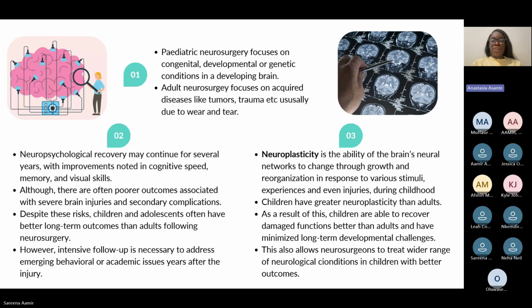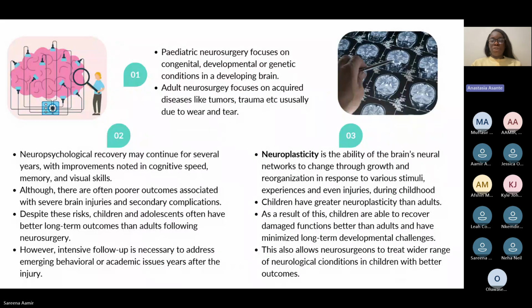So, in terms of neuroplasticity, neuroplasticity is the ability of the brain's neural networks to change through growth and reorganization in response to various stimuli, experiences, and even injuries during childhood. So, essentially, in shorter words, it is basically how the brain is able to adapt and take in a change.